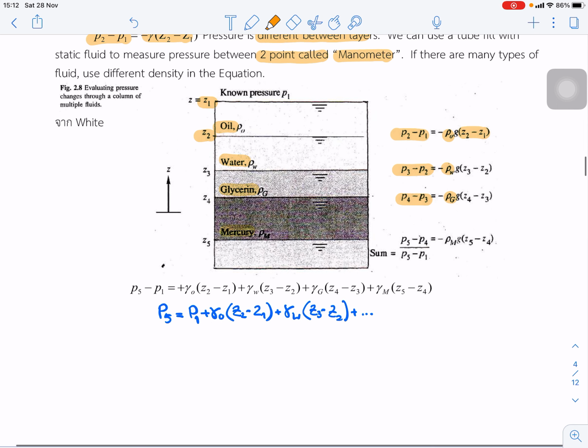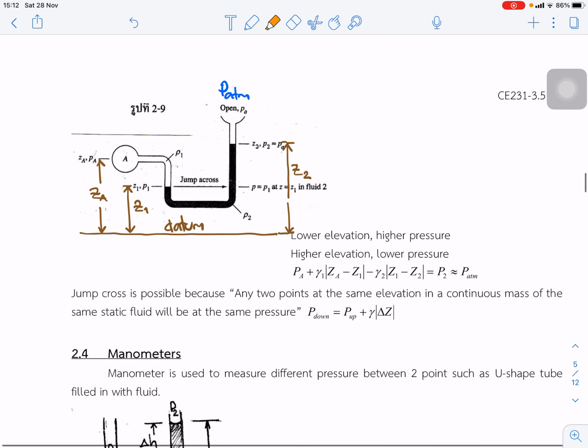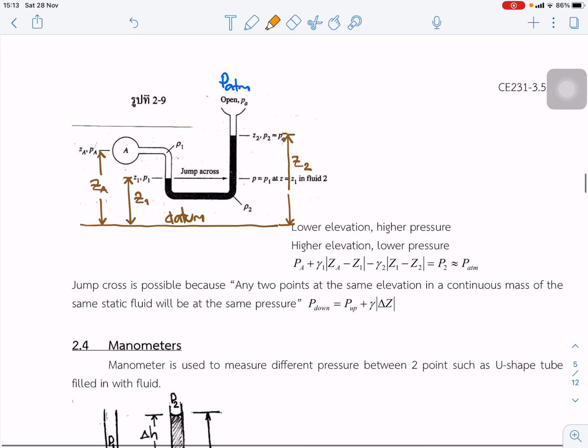Okay, and we can find the pressure difference between P1 and P5 at the bottom, equal to the summation of gamma h, and we can estimate P5, the pressure at the bottom, using this equation. And this shows how to find the connection between pressures at different points. The concept is: the lower the elevation, the higher the pressure, or the higher the elevation, the lower the pressure.